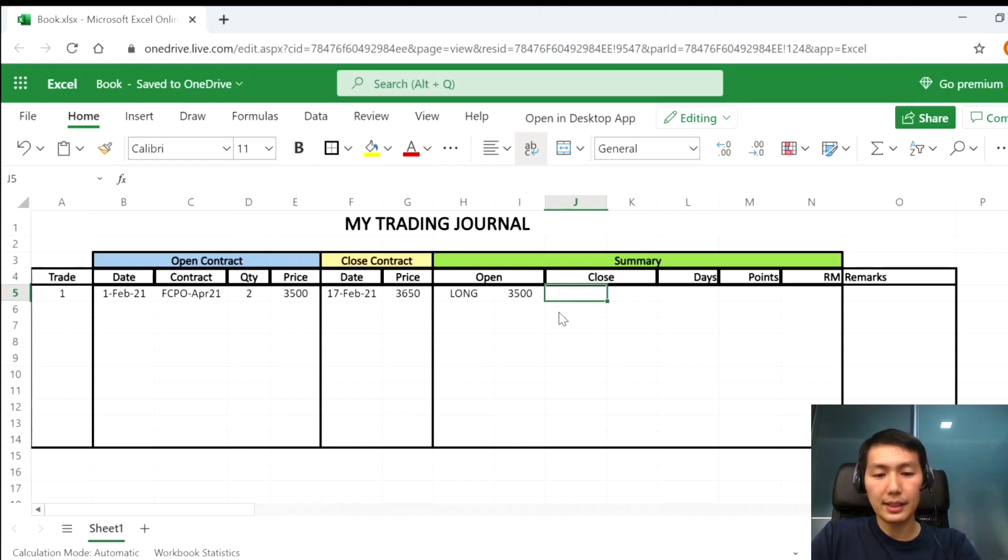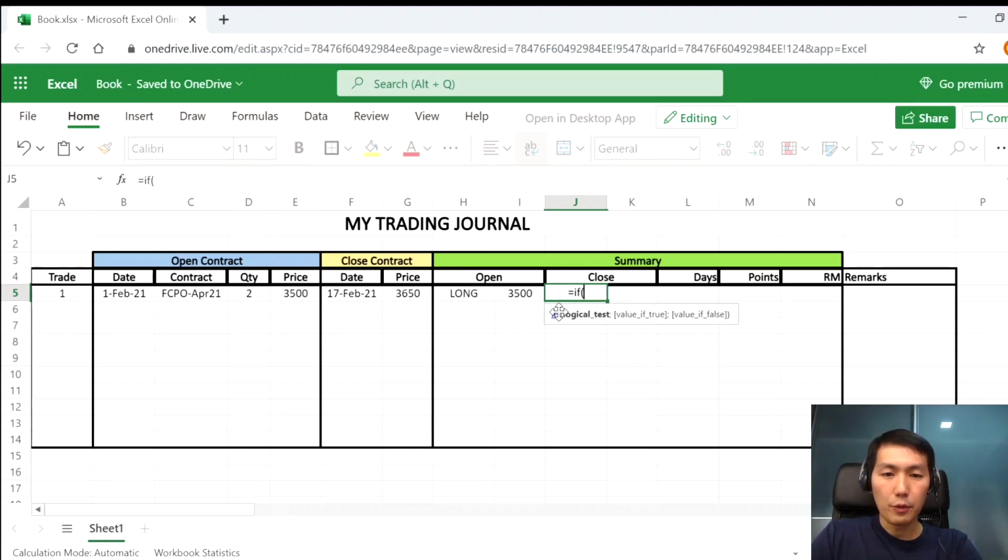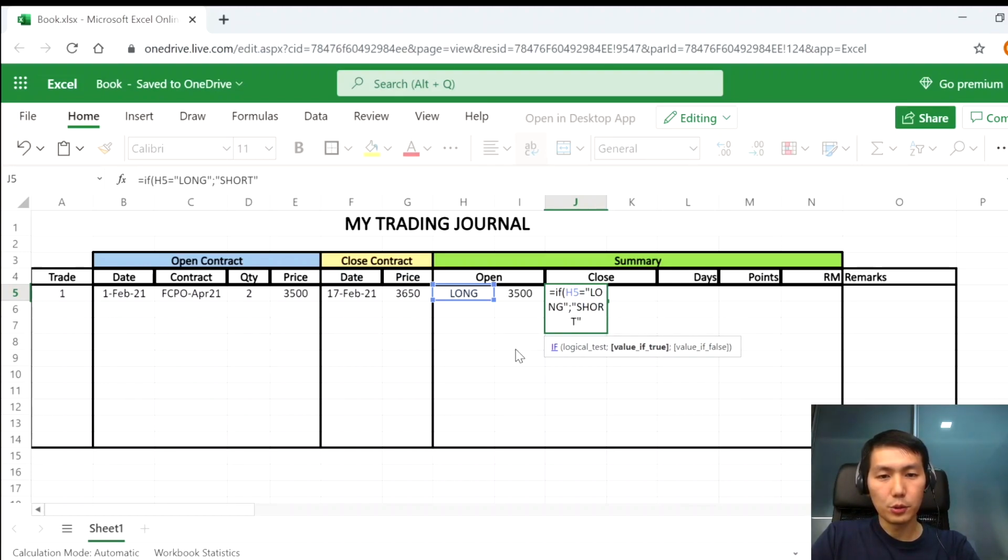I type in an equal sign and IF with an opening bracket, then put my mouse on H5: if H5 equals open quote, long, close quote, then it would be short, close quote, and with another semicolon, otherwise it would be long, open quote, close quote, and then close the bracket.